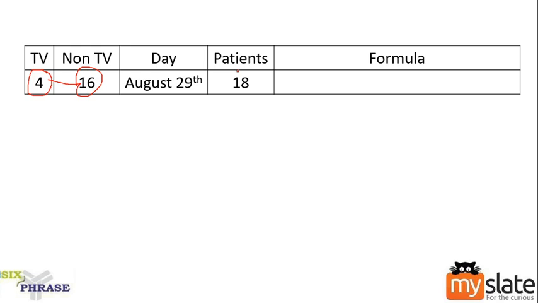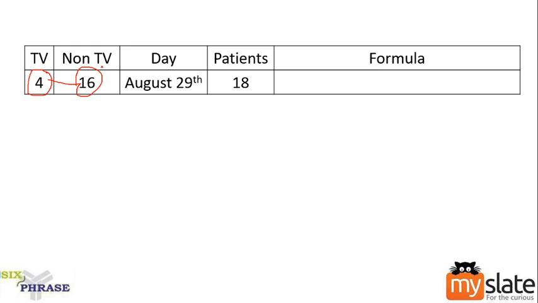So where will these 18 patients go? Can I give a non-TV room to all the 18 patients? I can't, right? Because these 18 patients are greater than the non-TV rooms. I have only 16 non-TV rooms. So preference will go to the room without TV.